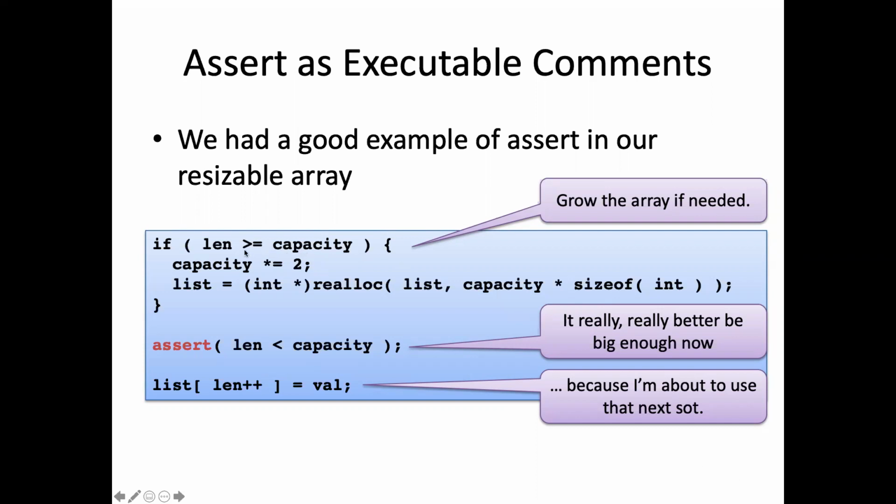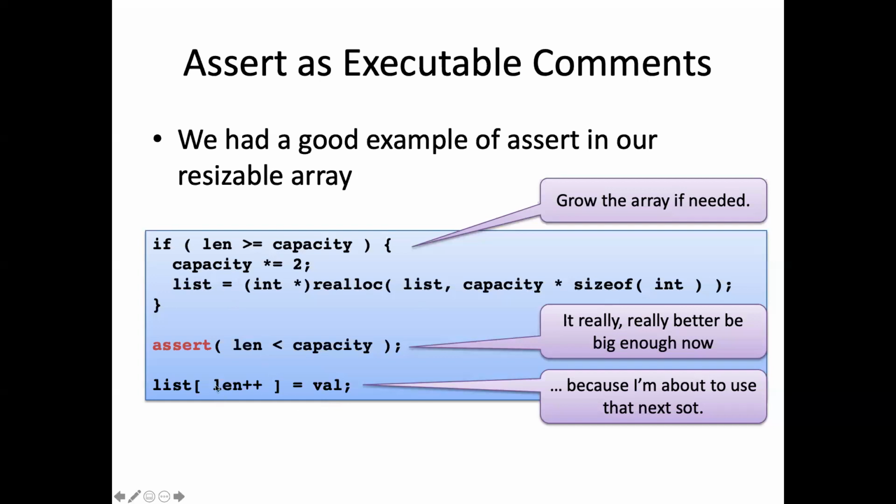And then if we didn't, we would increase the capacity of our array. Using realloc, we could easily make our array larger to hold that new larger capacity. And then once we had resized our array, if necessary, we could store that value in the next element of our array.